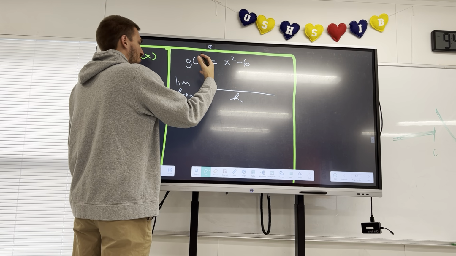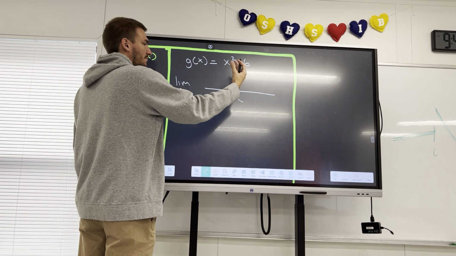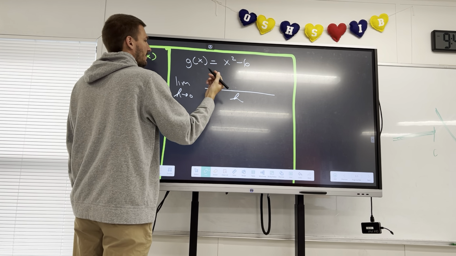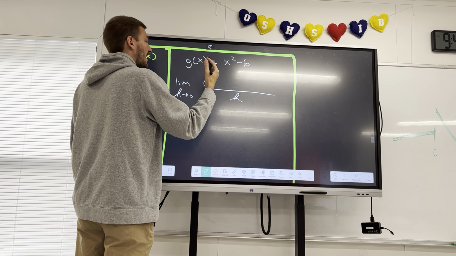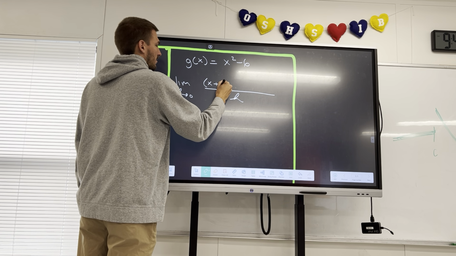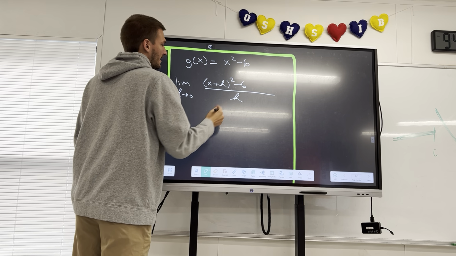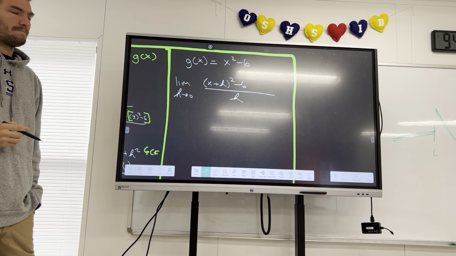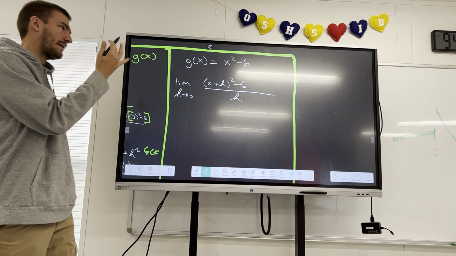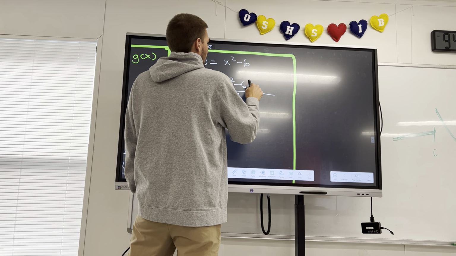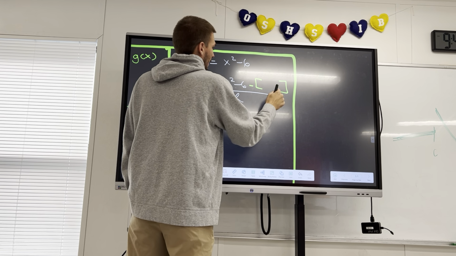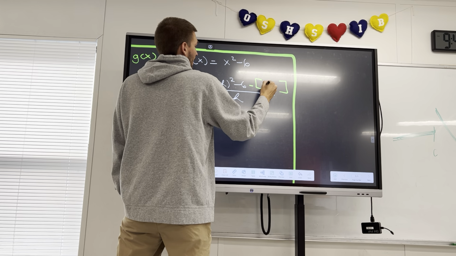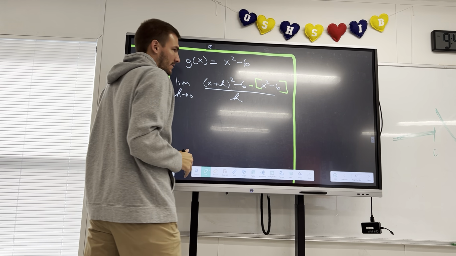We've got g of x plus h, and there's our g. We've already done this once, but we're gonna leave the x's in there. X plus h squared minus 6. Everybody cool with that? We just left the x, and then we're gonna be minusing, and this is really easy because it's just the same thing. Leave the x squared minus 6.